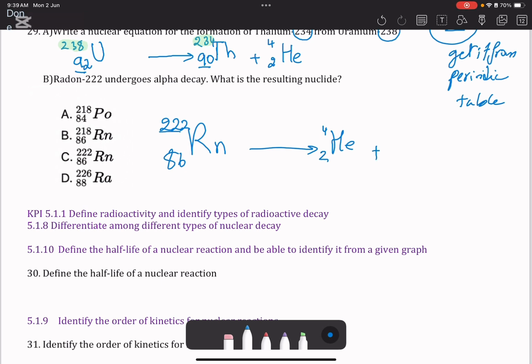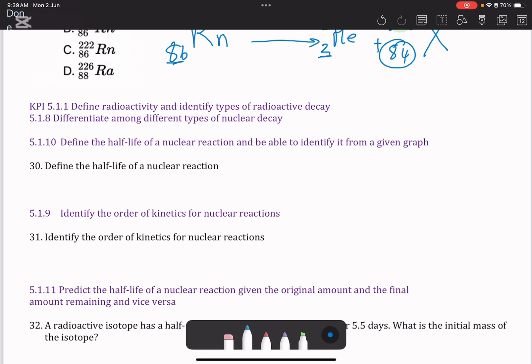What is the resulting nucleus? 222 minus 4 is 218, because I want to make sure that 218 plus 4 still gives me the same number, and 84 plus 2 gives me 86. So that's X. Going to the periodic table, you look for the element having atomic number 84. That's polonium. So here's the answer.